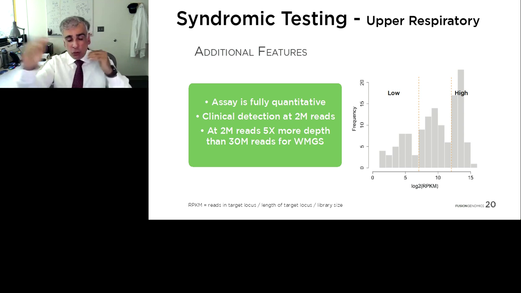There's so much sampling. And the graph on the right tells you that regardless, when we sequence a sample on the platform, we can instantly put that sample, in terms of its quantity and titers expression, into low, medium, and high.